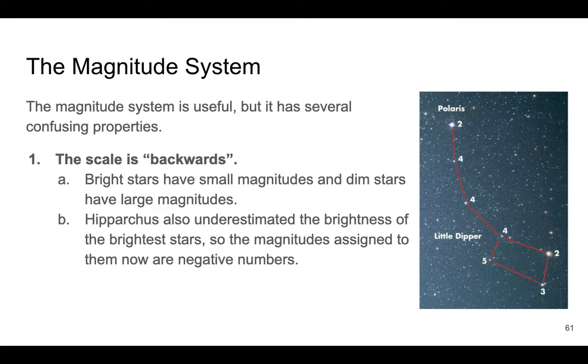So now that we can actually measure their brightnesses very, very precisely, some of the stars that he called magnitude 1 are actually a couple of magnitudes brighter than that, which means a couple of magnitudes lower than that, which means they actually have negative numbers. So a little annoying. This happens a lot in astronomy. Somebody will come up with some kind of system and we'll use the system for a while. And then as time goes on, you have to keep making these weird adjustments to the system and things stop making sense. You'll see.